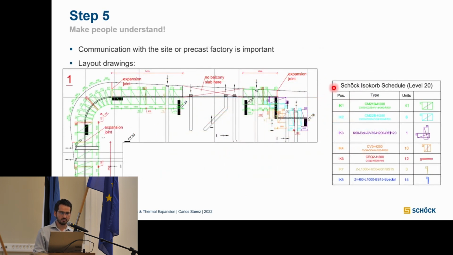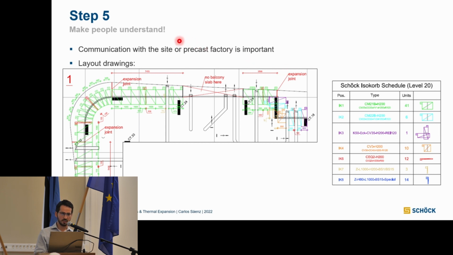And yes, now that you have your thermal break, this is an example, but it's also really important communicating this information to site, right? Because we do all the calculations, but getting the information to the people that need it is also important, to deliver the right information.